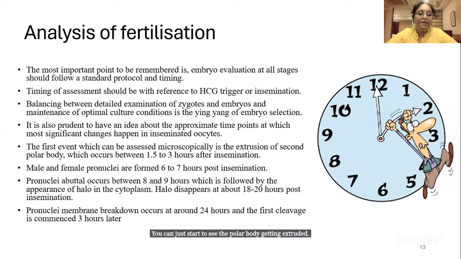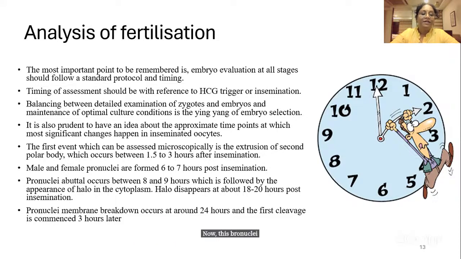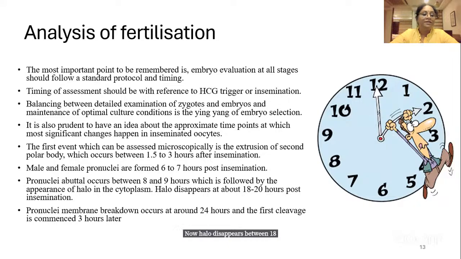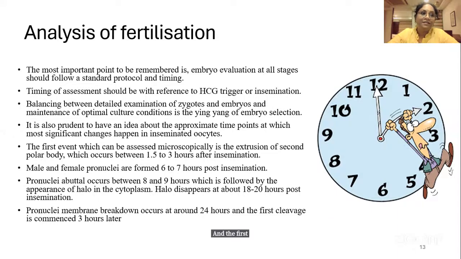The male and female pronuclei form from 6 to 7 hours post-insemination; if you check early, you can see very faint pronuclei as early as 6 to 7 hours. The pronuclei come together somewhere between 8 to 9 hours, and after that the halo forms. The halo disappears between 18 to 20 hours post-insemination. The pronuclear membrane breaks down at around 24 hours, and the first cleavage starts 3 hours later.